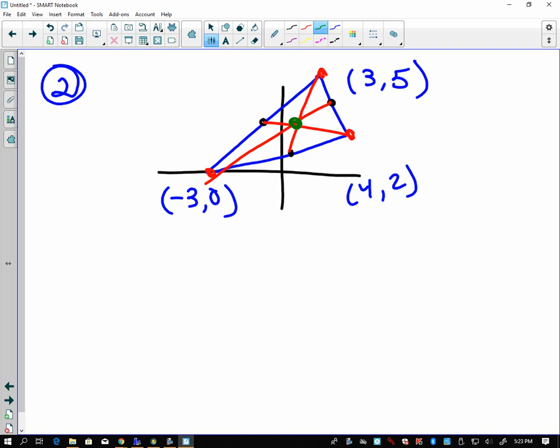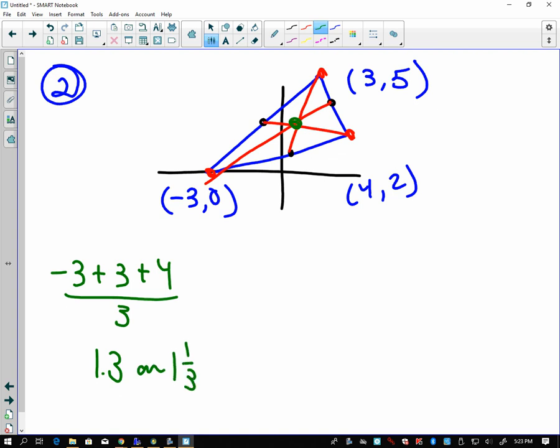But for the sake of your test tomorrow, what you've learned, and what you guys actually showed me, is that you can add up all three of your coordinates and then divide by 3. So you take -3 plus 3 plus 4, and you wind up with 4 divided by 3, which gives you your x coordinate, 1.3 repeating, or 1 1/3.